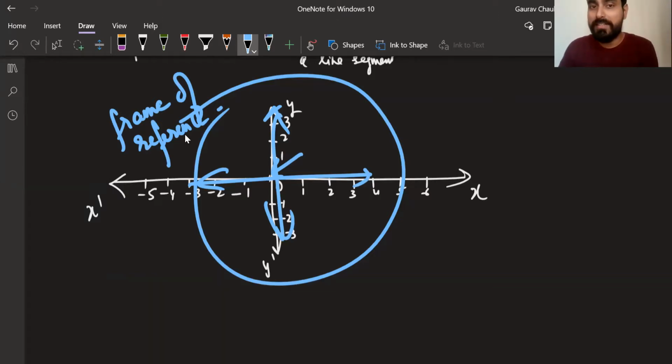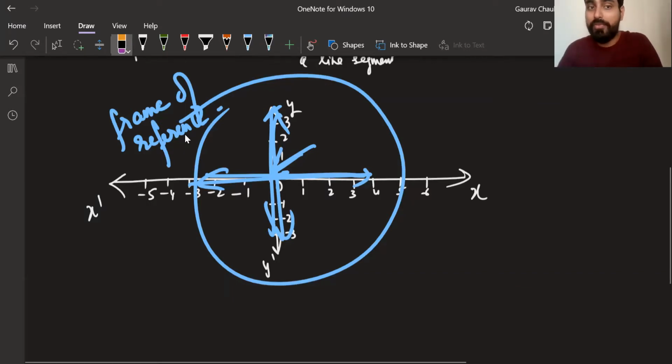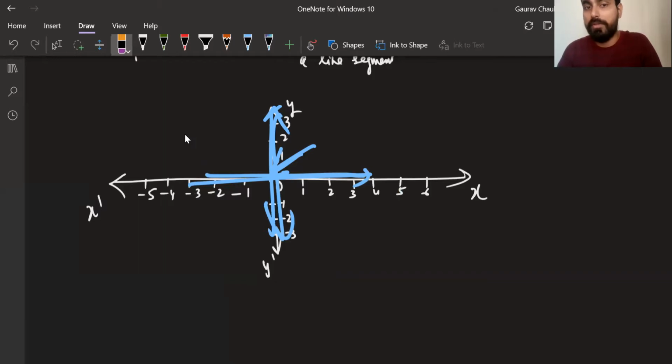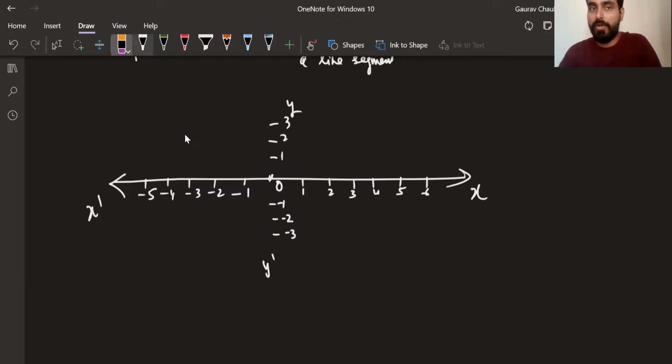Basically, the 2 coordinate axes and the origin together, these 3 things together are called the frame of reference, because referring to that only, we are talking about any location. Without that, we will not be able to communicate which location we're talking about.